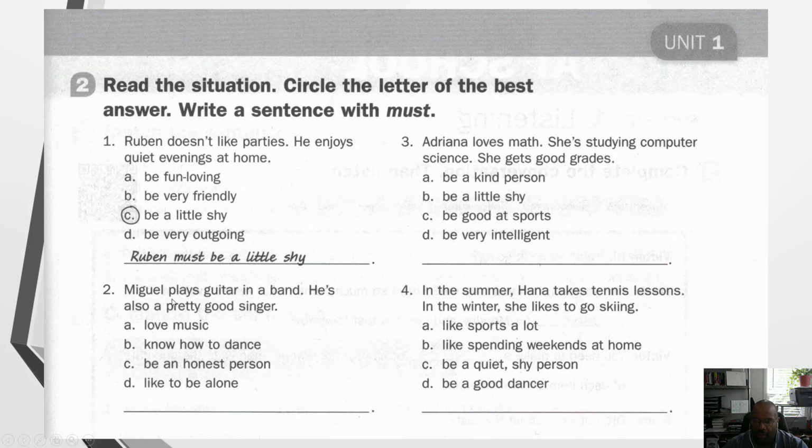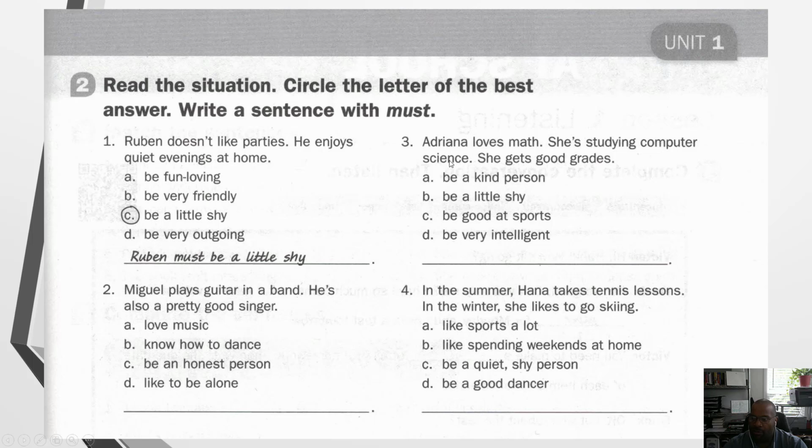Number 2, Miguel plays guitar in a band. He's also a pretty good singer. So I chose A, love music. So Miguel must love music. Adriana loves math. She's studying computer science. She gets good grades. I put down D, be very intelligent.